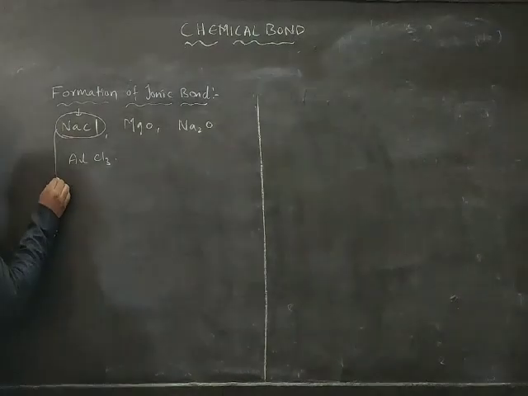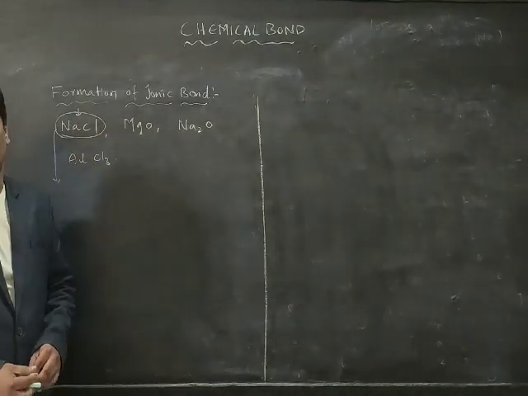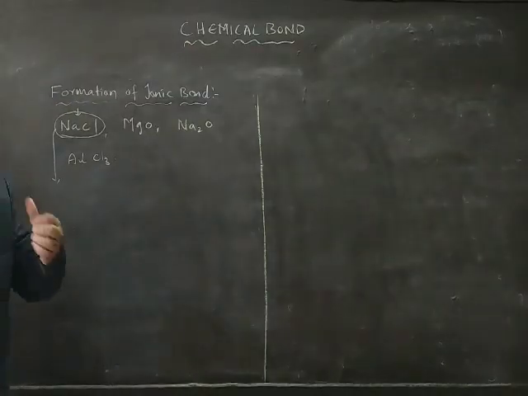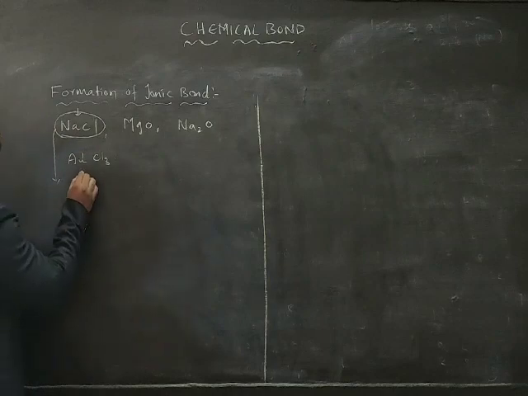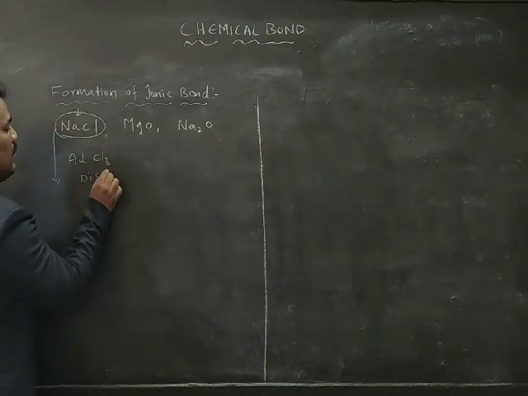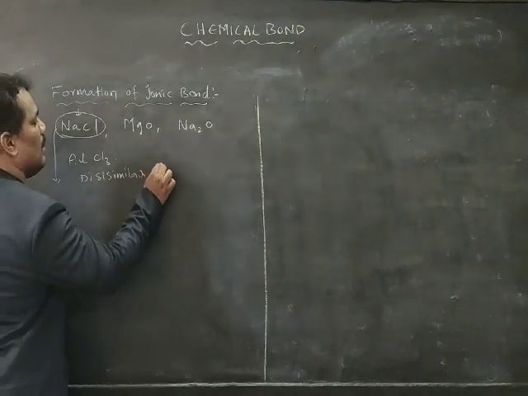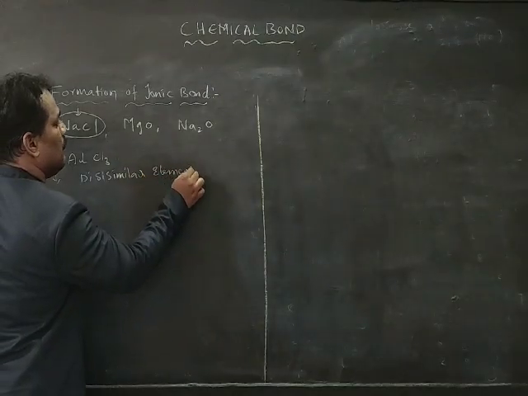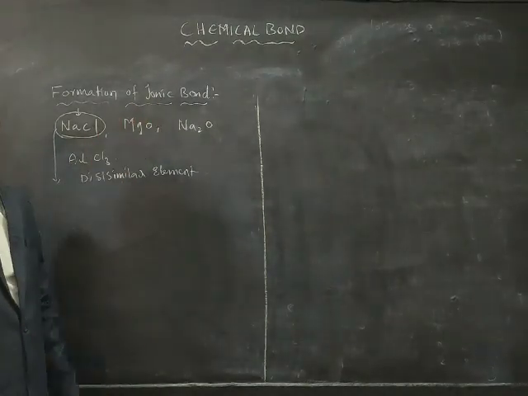To form the sodium chloride molecule, we require two different elements: one is sodium, the other one is chlorine. Therefore, this particular bond formation takes place between two dissimilar elements. First property satisfied.